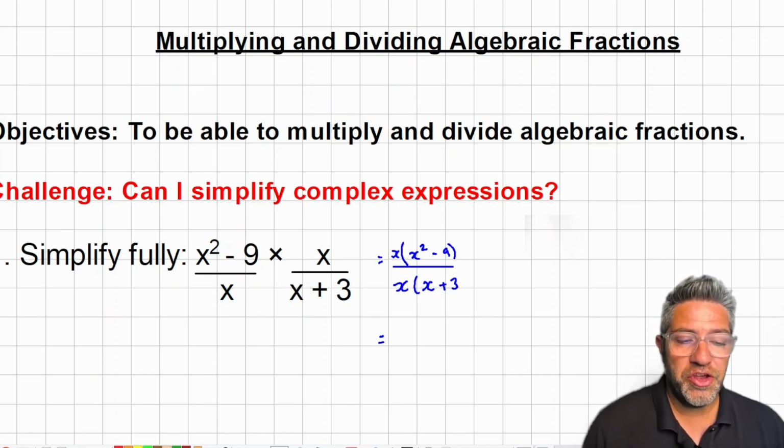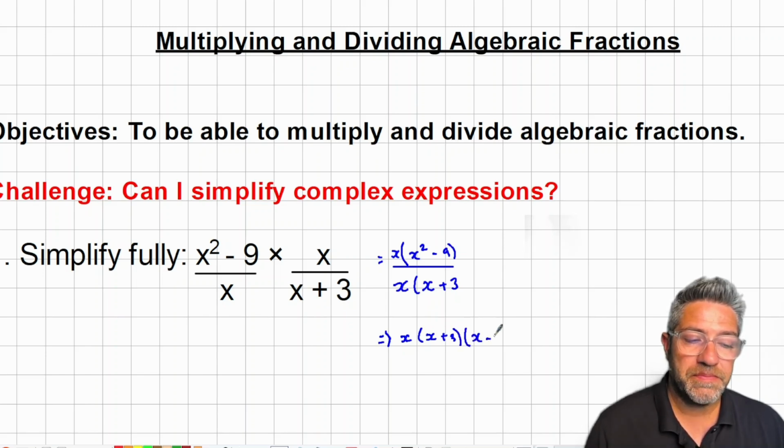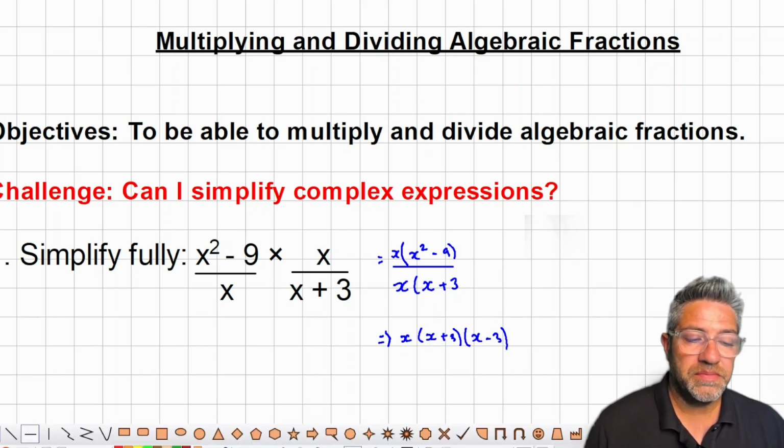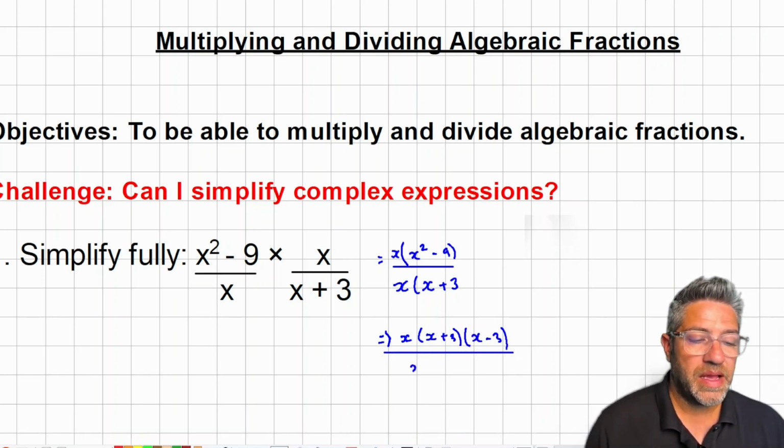Now, hopefully in the numerator, you can see that x squared minus 9 is the difference of two squares. So x squared minus 9 could be written as x plus 3, x minus 3, all over x open brackets x plus 3.